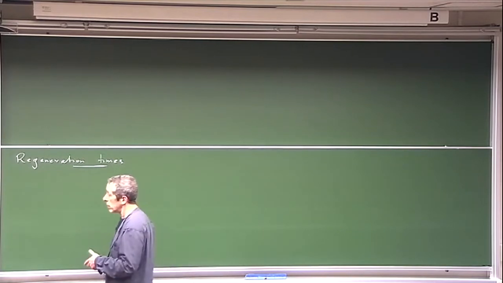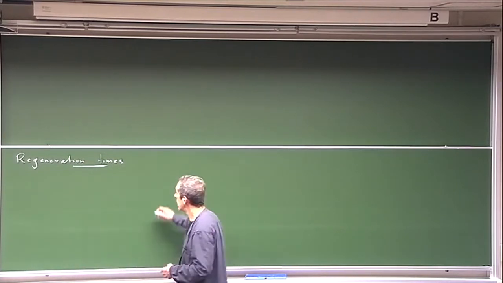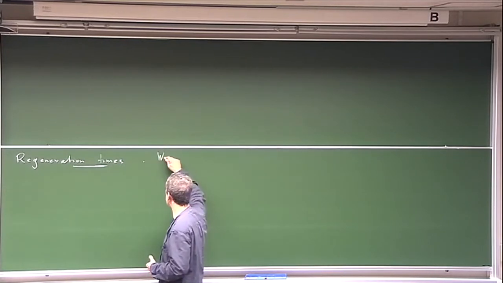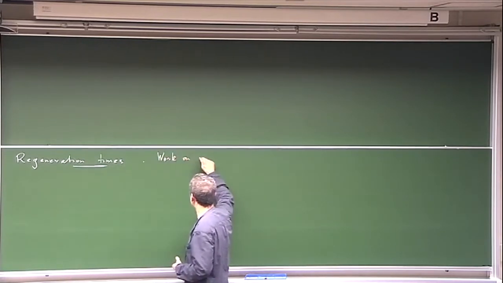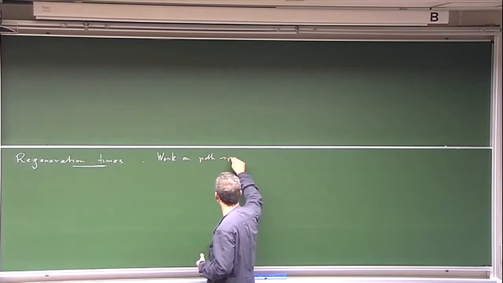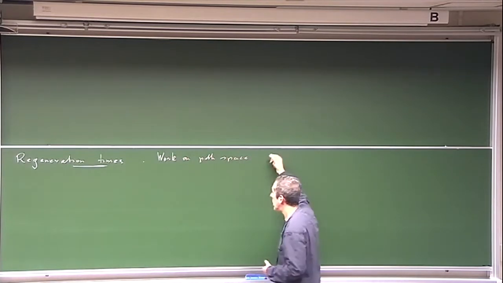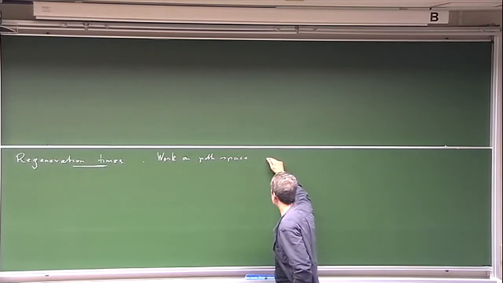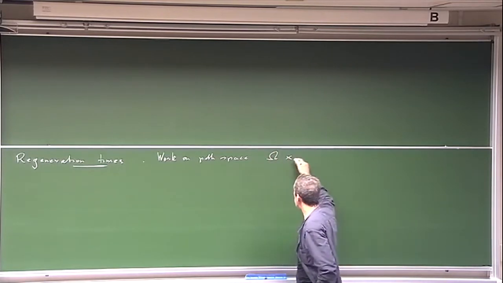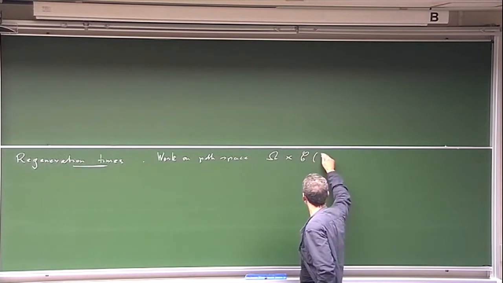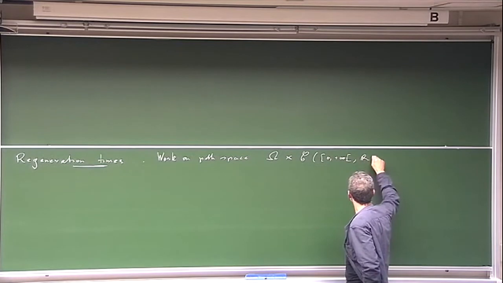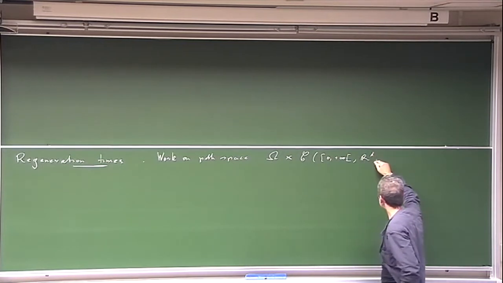The construction of the regeneration times is on path space. So the first thing we do is we work on path space. My path space is Ω, which we keep, times the space of continuous trajectories in R^d or in R^{d+1}.